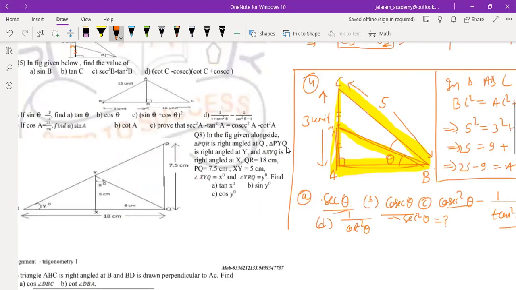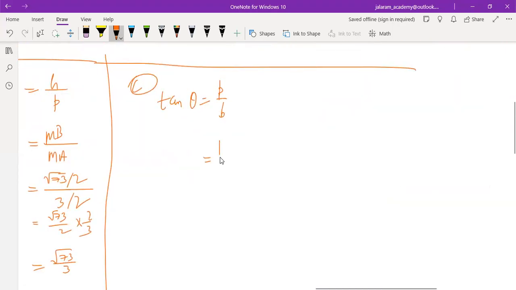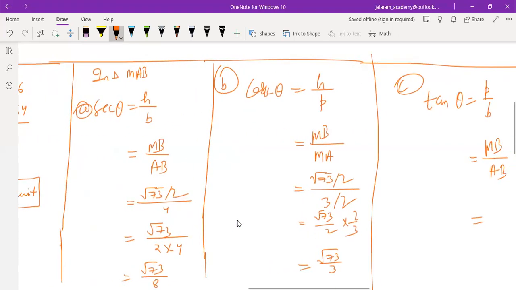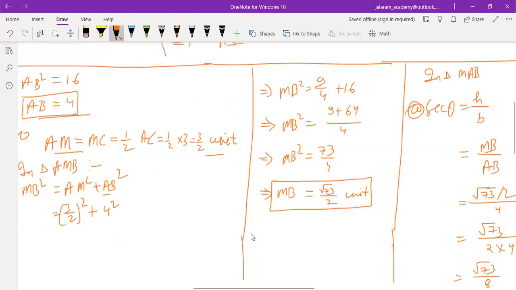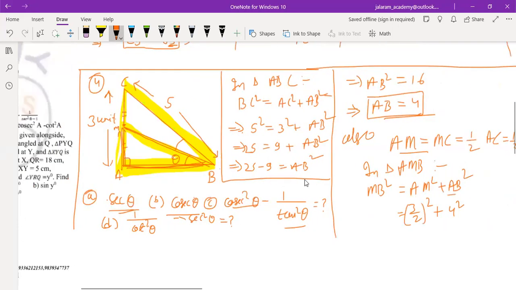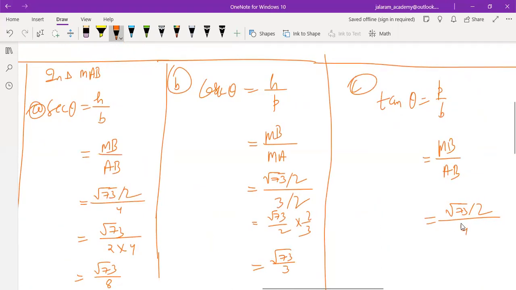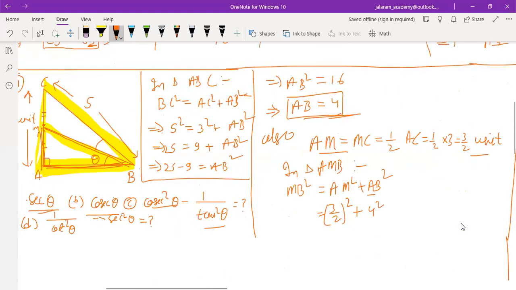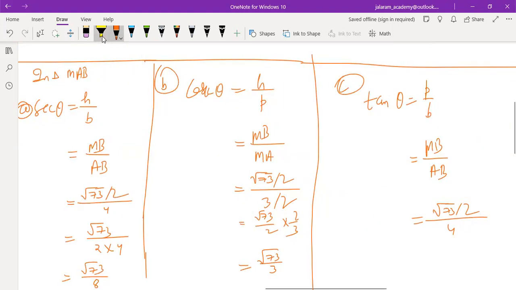So in this triangle AMB, perpendicular is AM, base is AB. Perpendicular is MA, it is not MB.